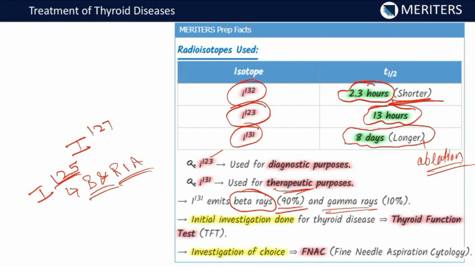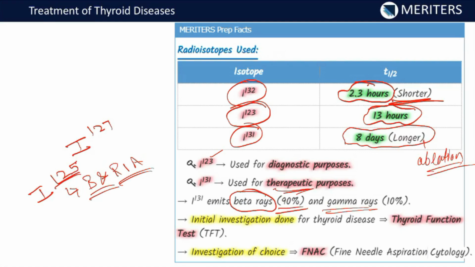Now whenever you go for radioiodine, what you need to do is, prior to radioiodine therapy, 1 month of antithyroid drugs is indicated to achieve the euthyroid state. That is important, otherwise it can precipitate thyroid storm. So we first prescribe antithyroid drugs to make the gland euthyroid.